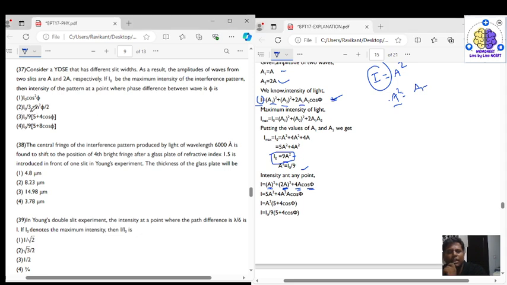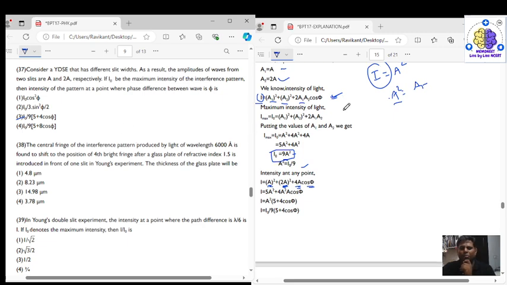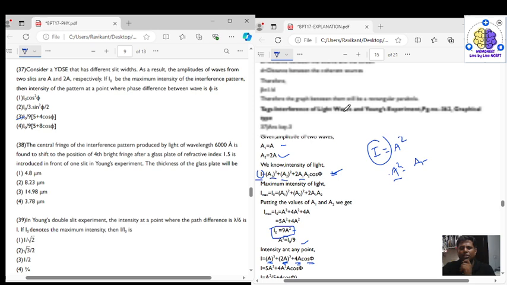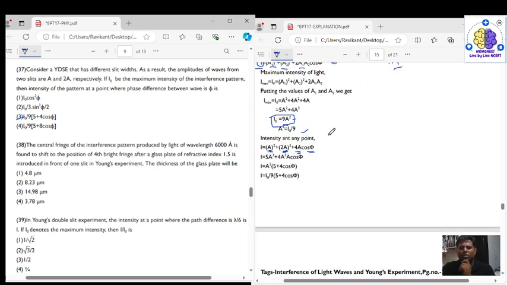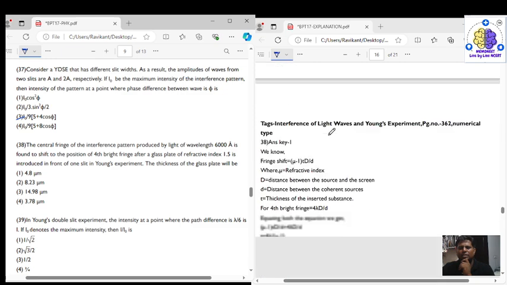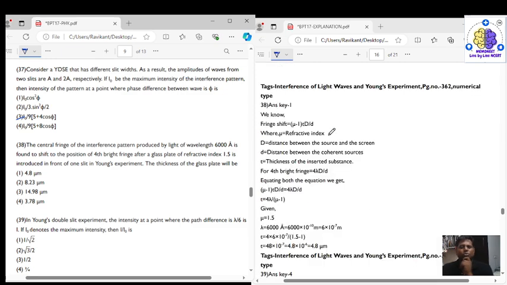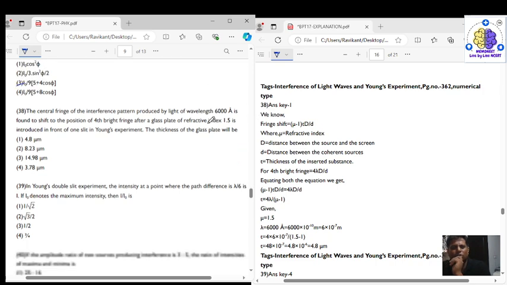So the correct answer for question number 37 is option 3. So again the basic formula which we have used here is the resultant amplitude A square is equal to A1 square plus A2 square plus 2A1 A2 cos phi.